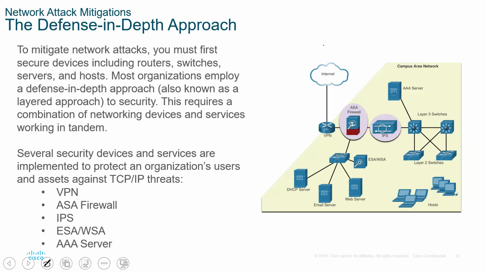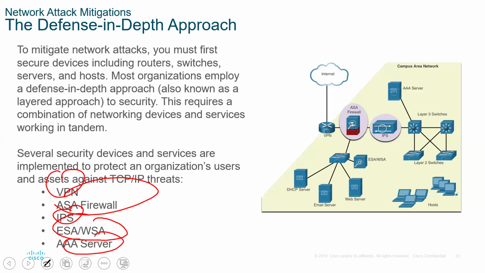Most organizations employ a defense in-depth approach. Sometimes they call it a layered approach, and it requires a combination of networking devices and services. So you have VPN, you have ASA firewall, you have IPS, you have ESA, you have AAA. So on a network, you have all these services.